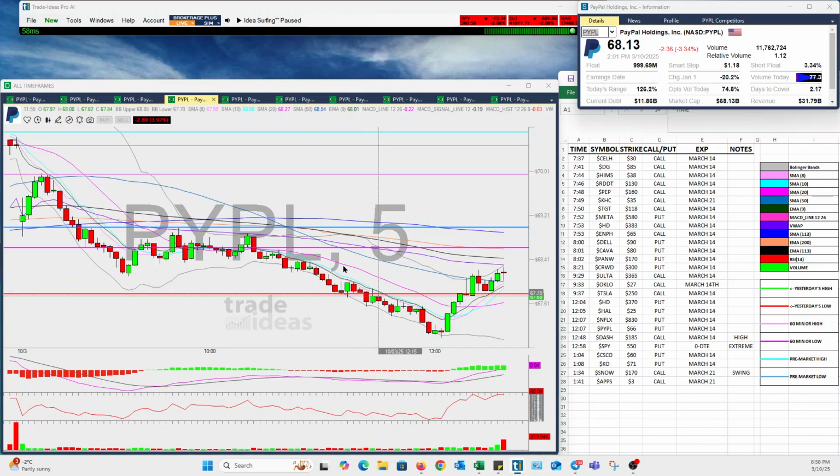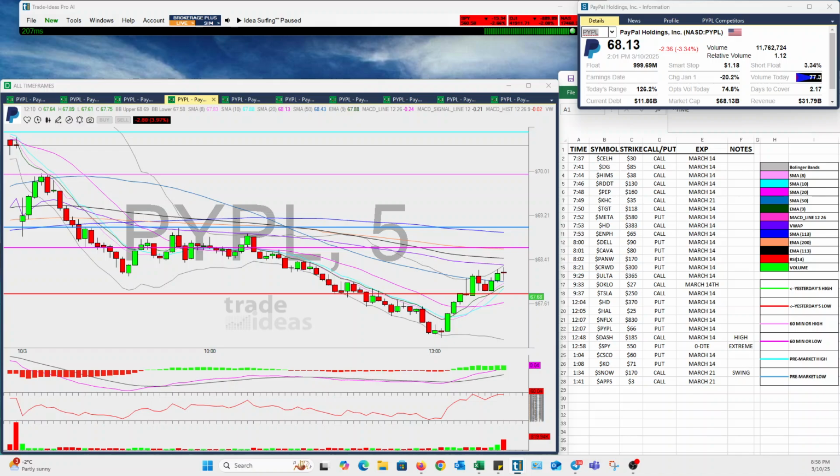So you still could have caught some downside on this trade because it did break below yesterday's low and then kept going down. That one set up a little better than Netflix. And again, your moving averages are all in a downtrend, but not a steep slope. So it was a little more risky. And then, of course, the reversal happened there. So that was PayPal. That was a put.